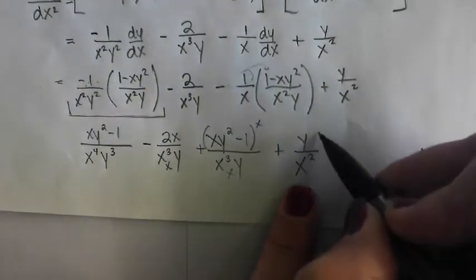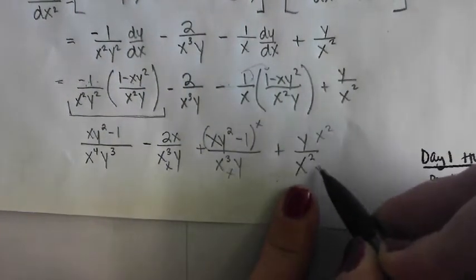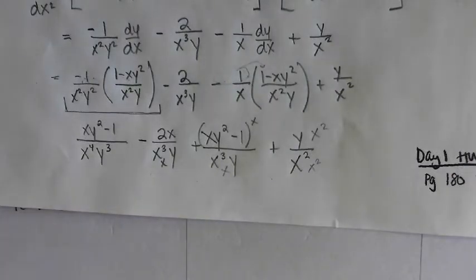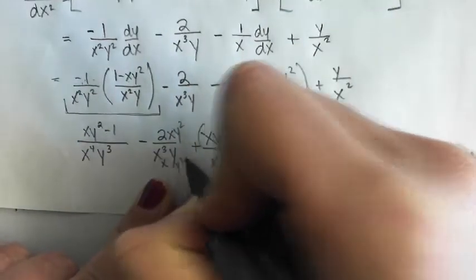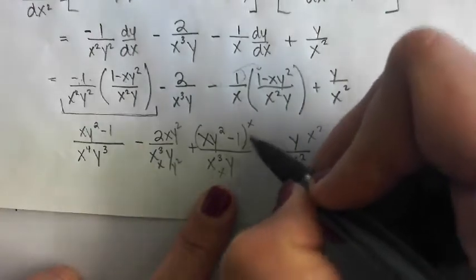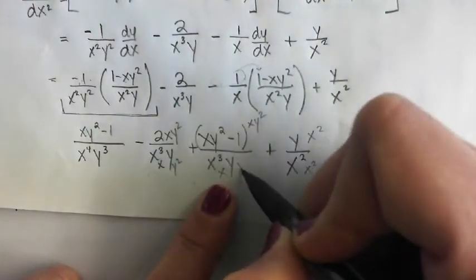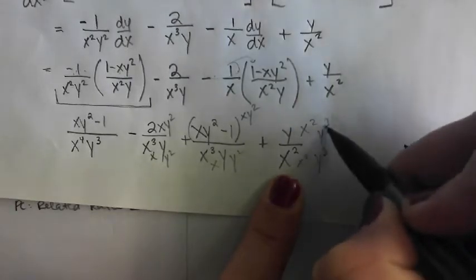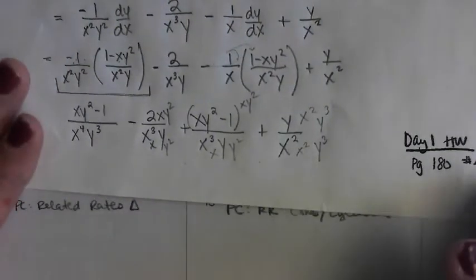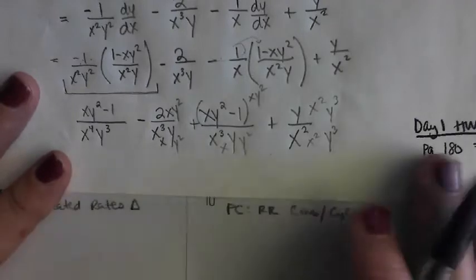This one needs an x squared. So they would all have x to the 4th. And for y's, they all need y to the 3rd. So this one needs a y squared. This one needs a y squared. This one needs a y cubed. All right, so now my denominators are all the same.